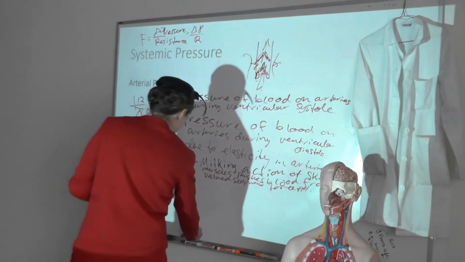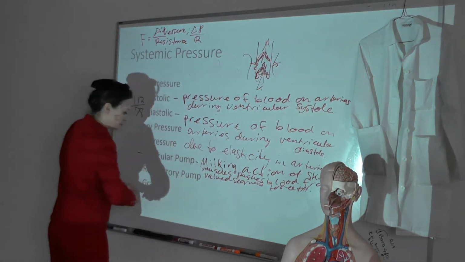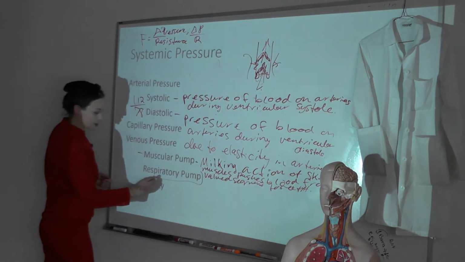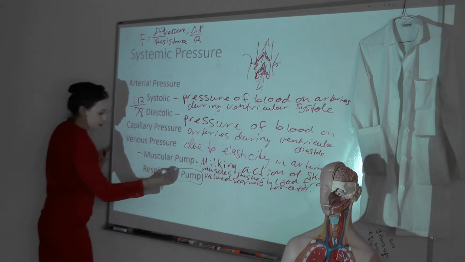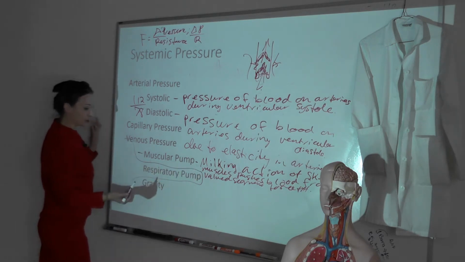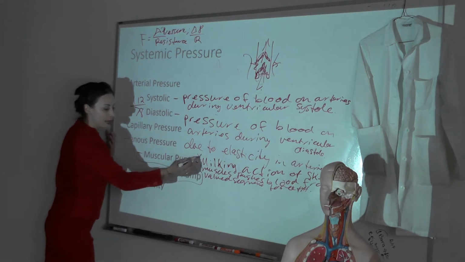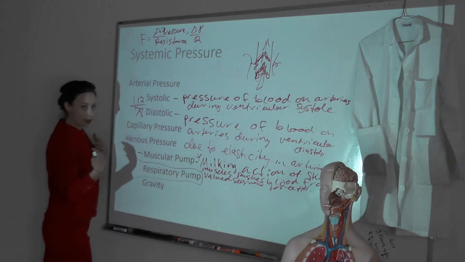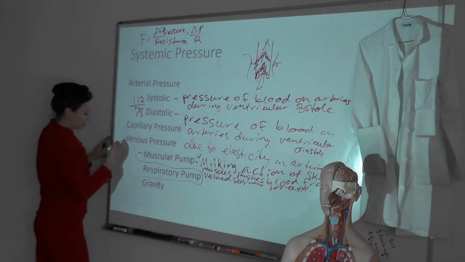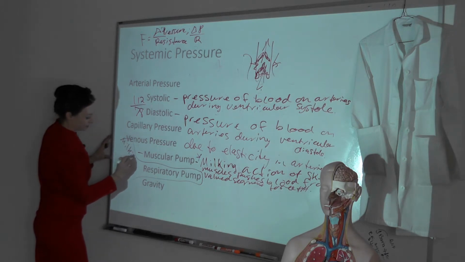So the respiratory pump, we could say, is that the pressure changes and volume changes in the thoracic cavity during pulmonary ventilation cause this same kind of milking on the veins in your thorax. So respiratory pump: milking action on veins due to pulmonary ventilation.